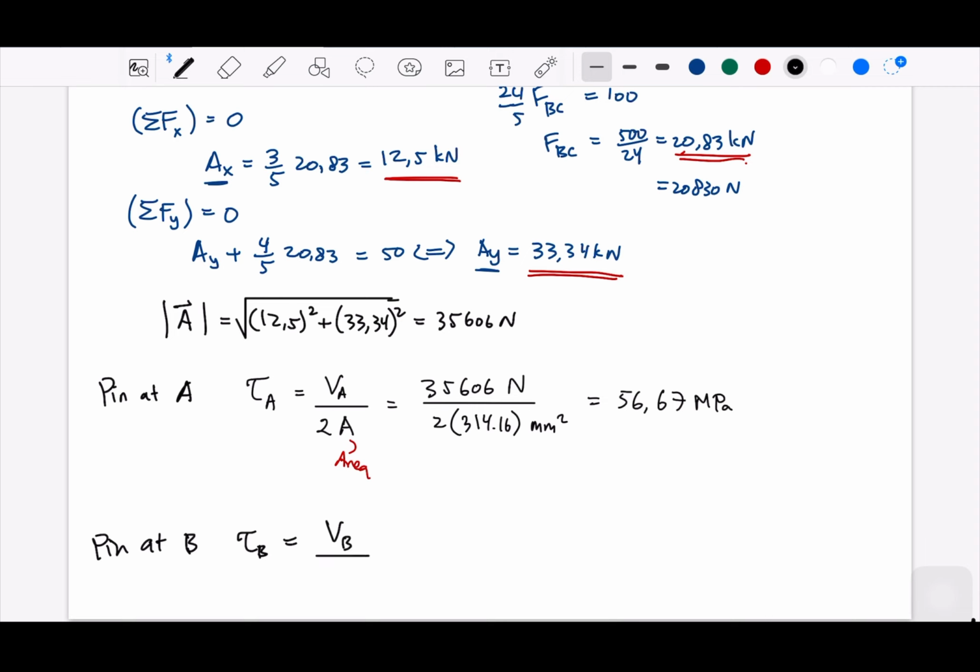So VB and then just area. This will be 20,830 Newton, and this is the same but not multiplied with 2. This will be 66.3 megapascal. And this is the answer that we are looking for.